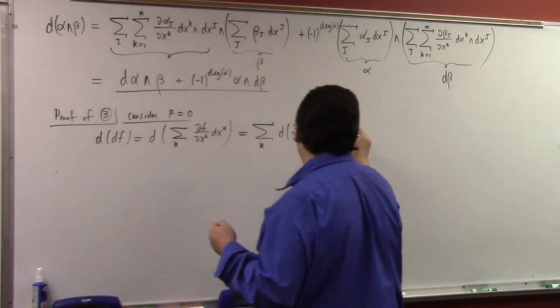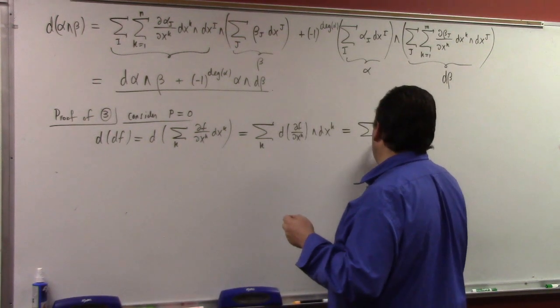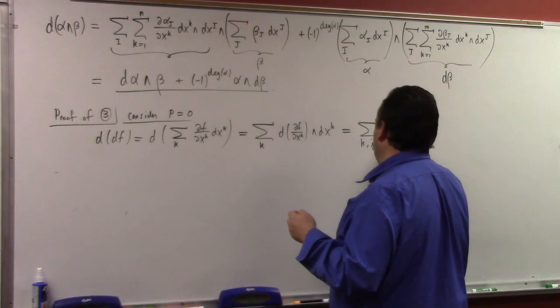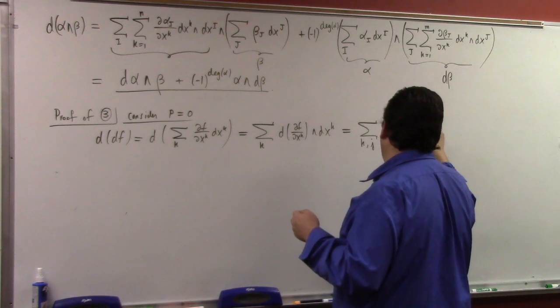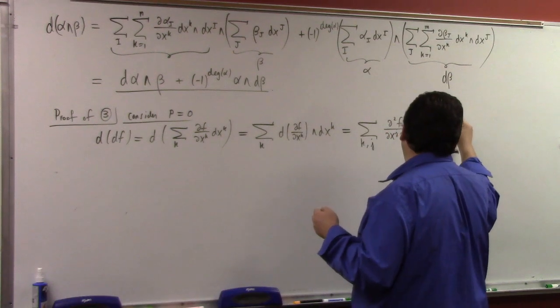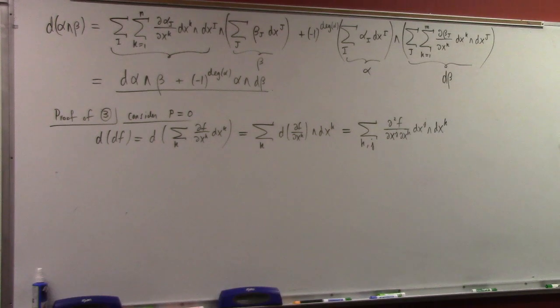But this is the sum over, let's say, k and j. We're going to have double wedge. Partial squared f, partial xj, partial xk, dxj wedge dxk. Are we going to have double wedge that cancel each other? Something like that. So here's the thing.